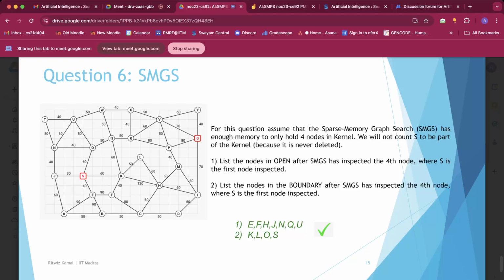So apart from S, if there are 4 other nodes in the kernel, our situation is well and good. If there are more than 4 nodes that we could categorize as kernel nodes, we will discard one of those nodes. Let's say we have 5 nodes that we could put in the kernel, but we can hold only 4 nodes, right? So we will discard the oldest inspected node in that case, because we only have enough memory to store 4 nodes in the kernel.